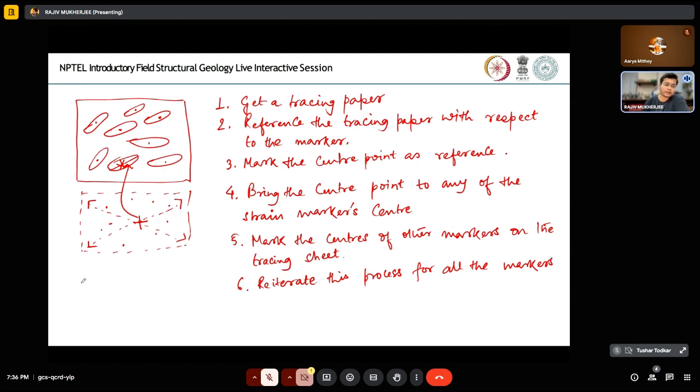And then finally what you will have is that on the tracing sheet, you would get distributions of points like this.